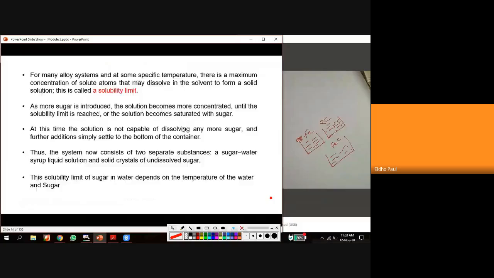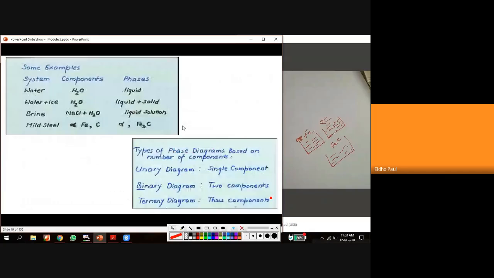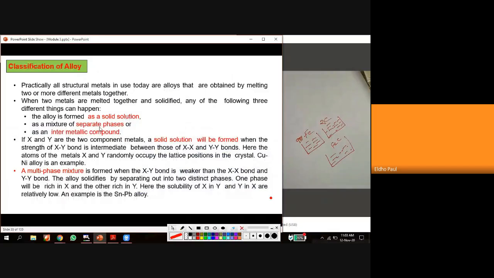Similarly, in the second case, a mixture of separate phases may be formed. That is also an alloy. And the third possibility is the formation of an intermetallic compound. When we mix these two components together, there may be a bond formed between them, and an intermetallic compound is formed.